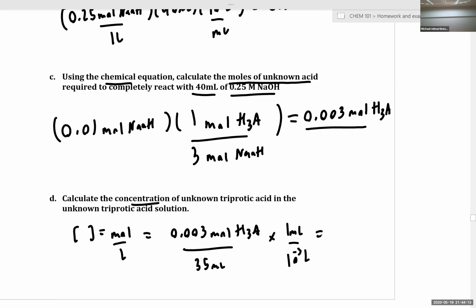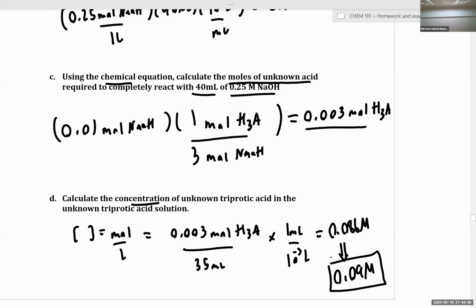So if we punch that into our calculator, we have 0.003 over 35 times 1,000. And that in turn gives us 0.086 molar, which we in turn round to 0.09 molar.